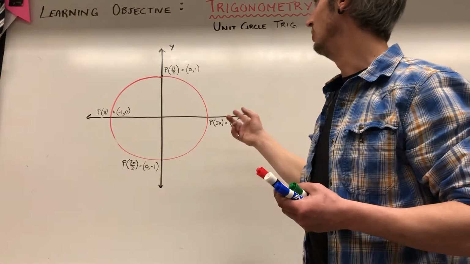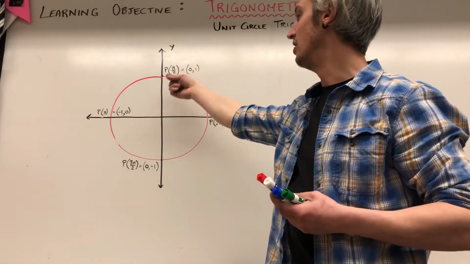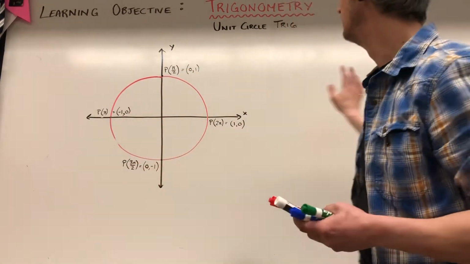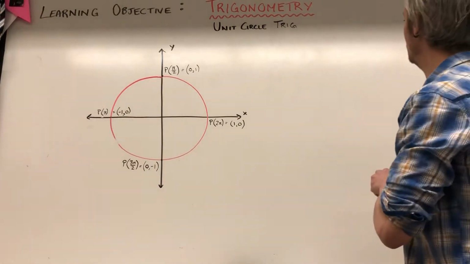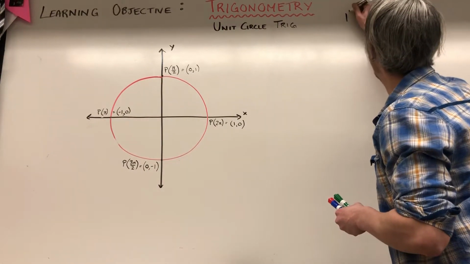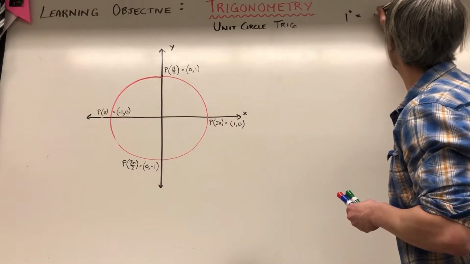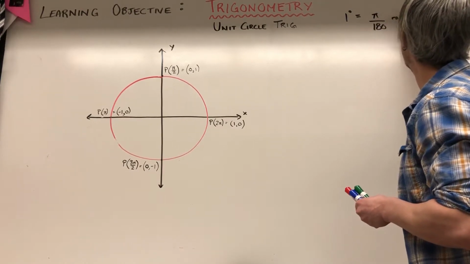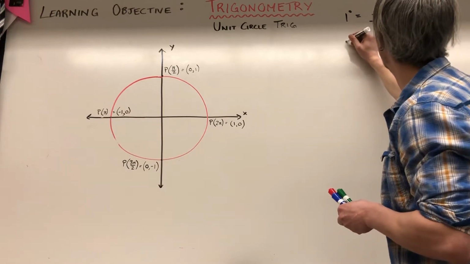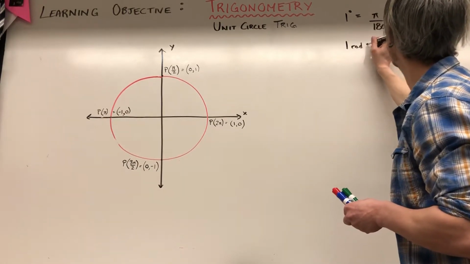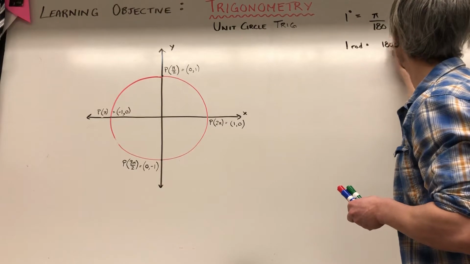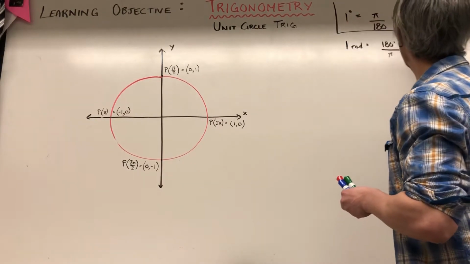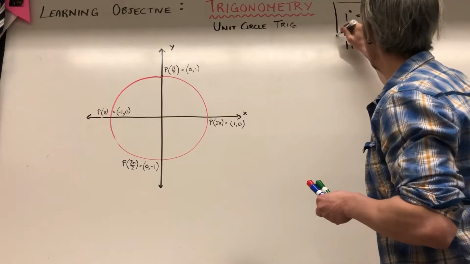We know that 90 degrees is the same as pi over 2, 180 is pi, and we can convert between the two using our rule that 1 degree is pi over 180 radians, and 1 radian is equivalent to 180 degrees over pi.